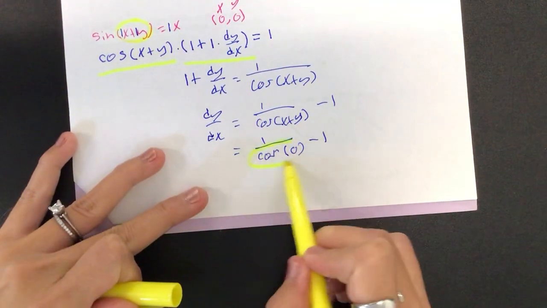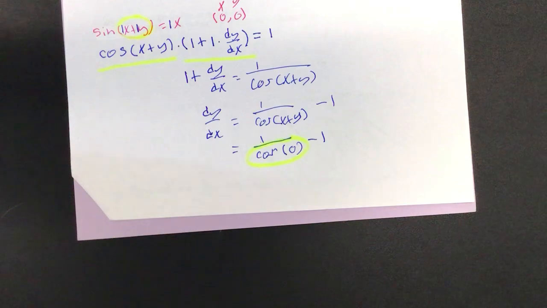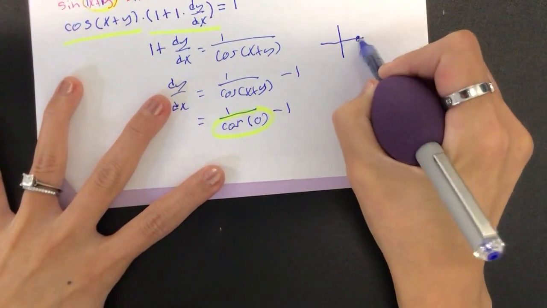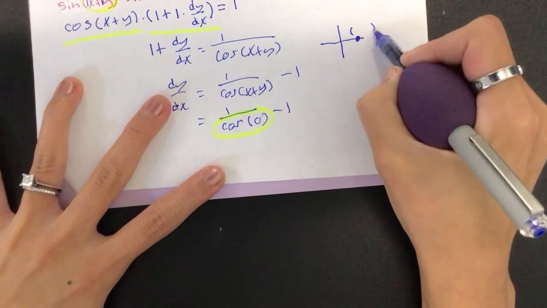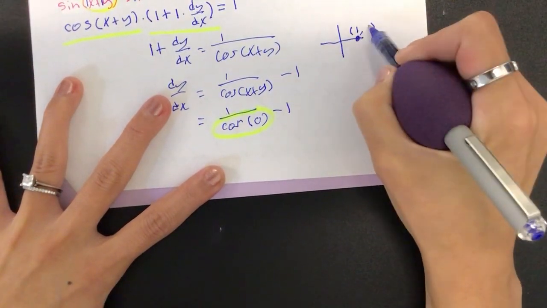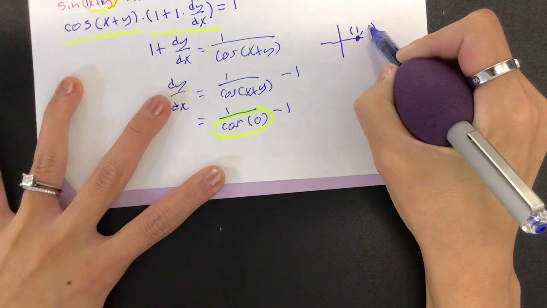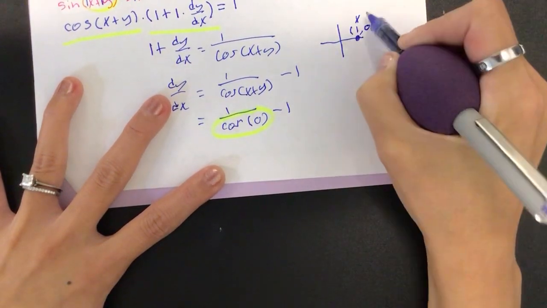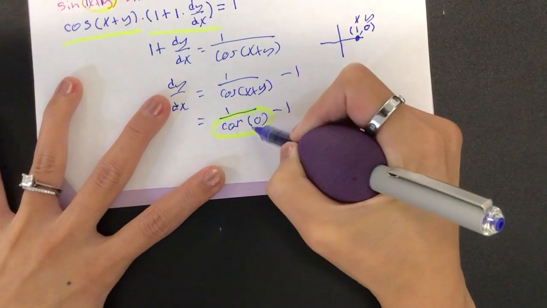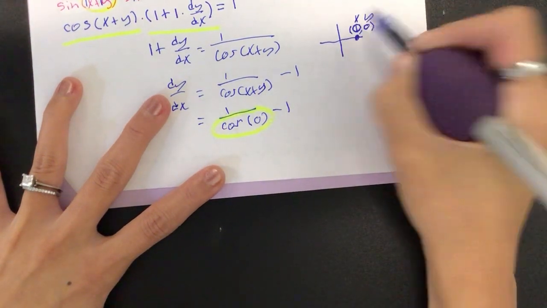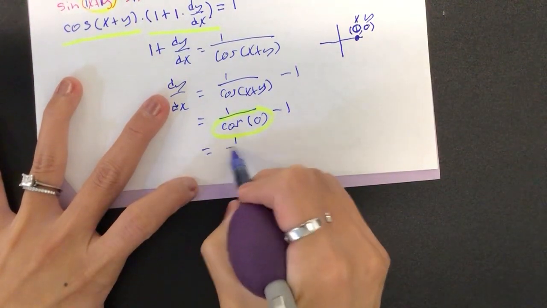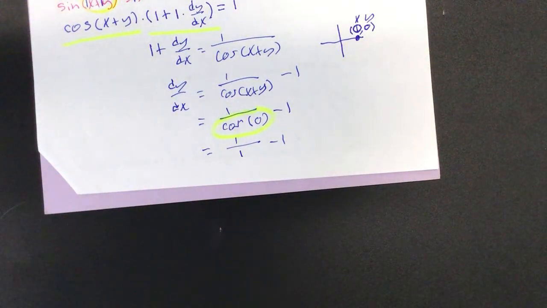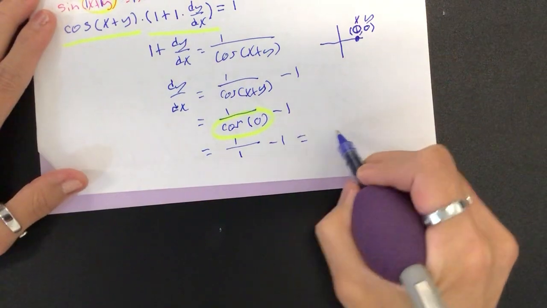We need to figure out what is the x value at 0 in our graph. So let's make our graph. At this point, we have a unit circle. It is 1 comma what? 1 comma 0. Cosine is x movement. Sine is y movement. I'm asking for cosine, so what number am I going to steal? 1. So we have 1 all over 1 minus 1. And what would that simplify to? 0. So my slope here is 0.